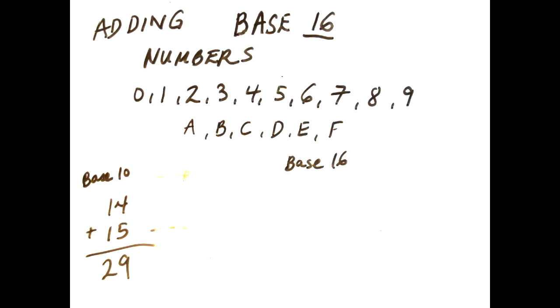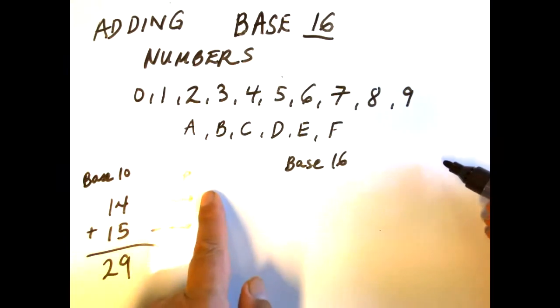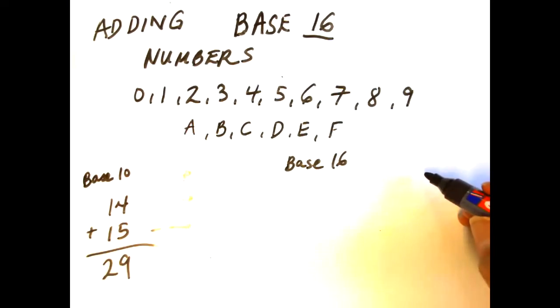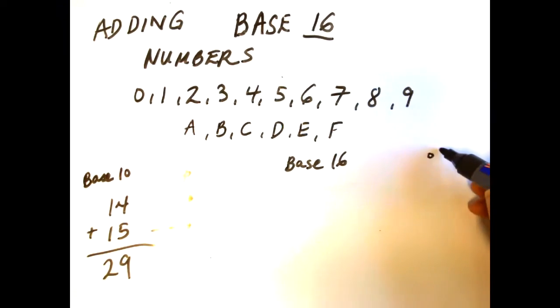So let's draw 14 objects here. So let's have 1, 2, 3, 4, 5, 6, 7, 8, 9, 10, 11, 12, 13, 14. Now if you notice here, you could say how many groups of 16? No, you don't have it. So what we got so far is how do you write 14?